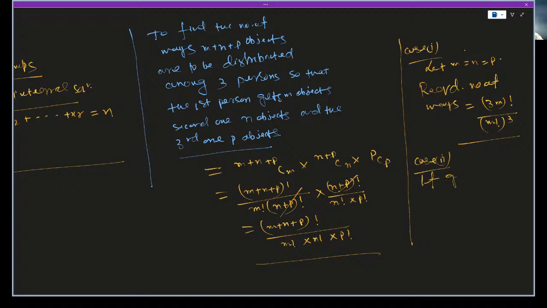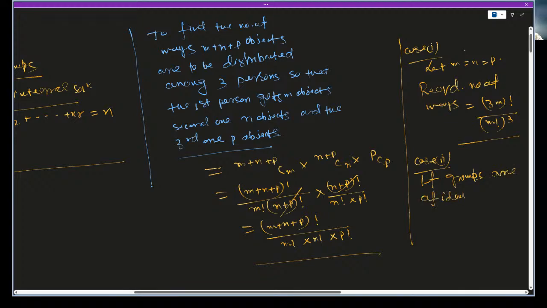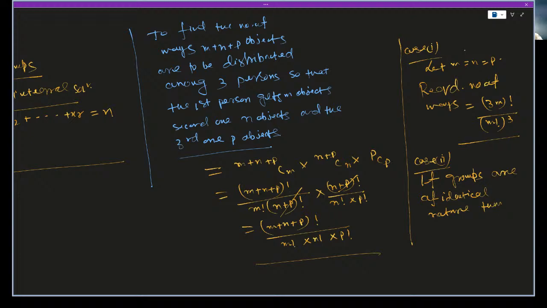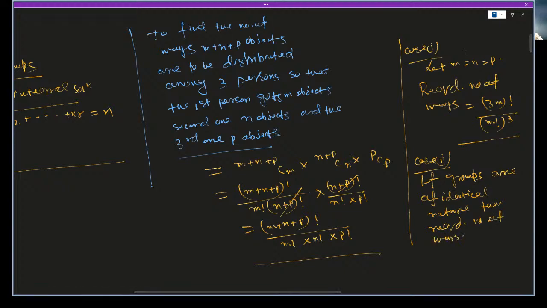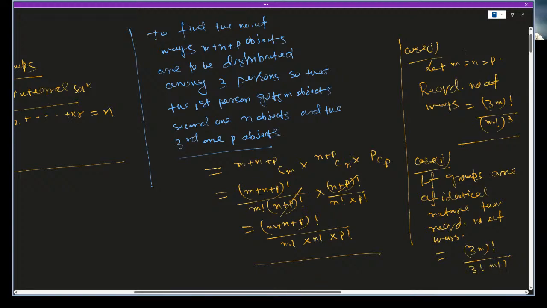If groups are of identical nature, then the required number of ways is going to be factorial 3m divided by factorial 3 times (factorial m) whole cube.